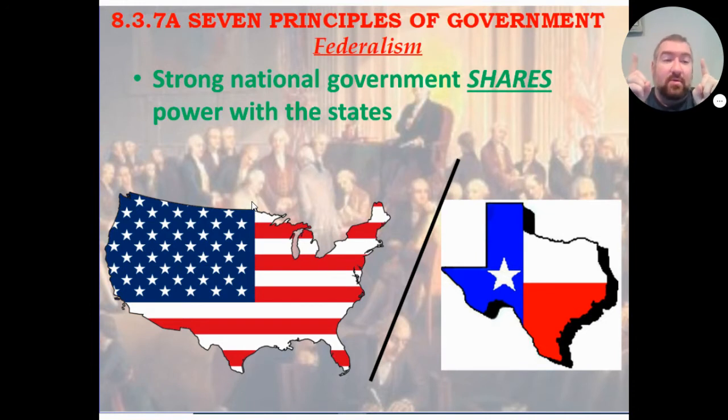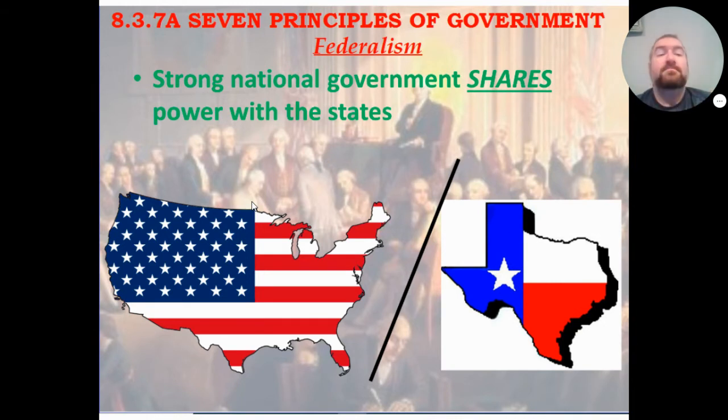The F in FBI is Federal Bureau of Investigation. Federal agents for a strong national government. Whereas in the state of Texas, we have the Texas Rangers. Texas Rangers are the law enforcement agency for the state of Texas. However, they also share powers.